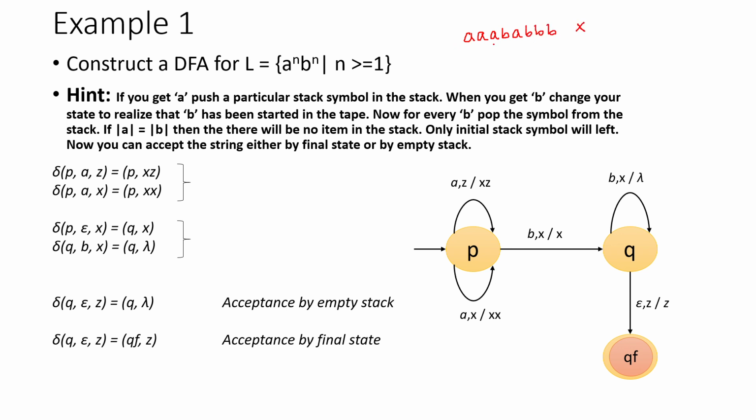Here also the number of a's and b's is the same, but it is not correct. I should have all the a's, then all the b's. That means I have to think that when all the a's are completed, then b starts, and once b has started, obviously I will not expect any a. And this I can represent by a change of state.